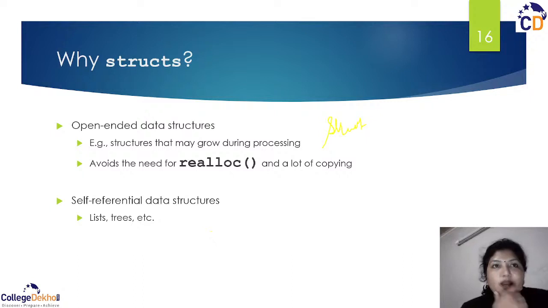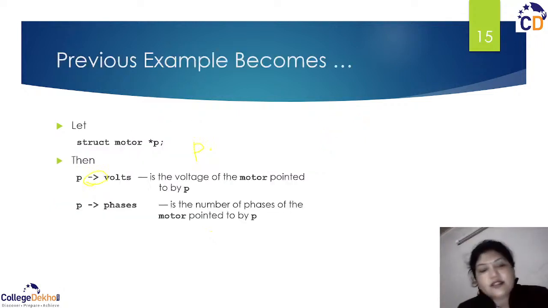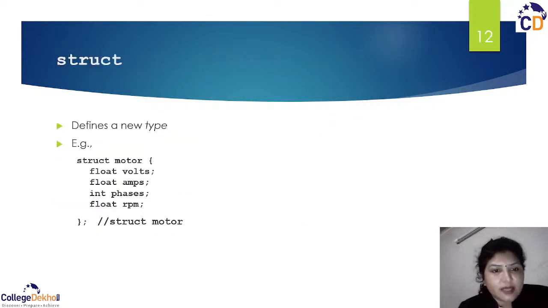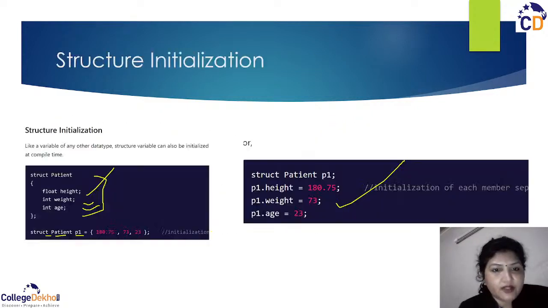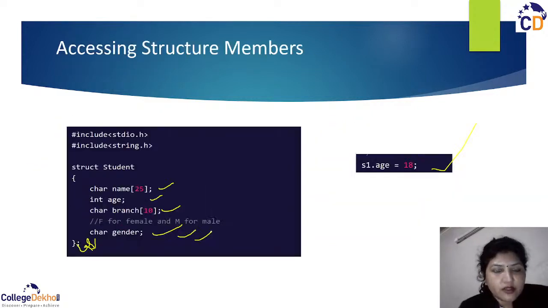So I hope you have understood the concept of structures, and I have related it to arrays also, and how arrays are useful. Arrays are useful when we have a homogeneous collection of data. Like in this example also, I have given the array. Yeah, name 25 subscript.